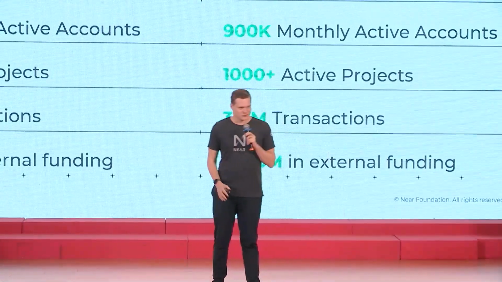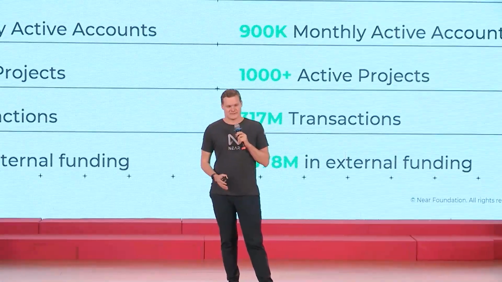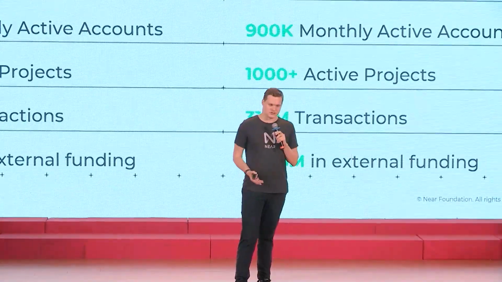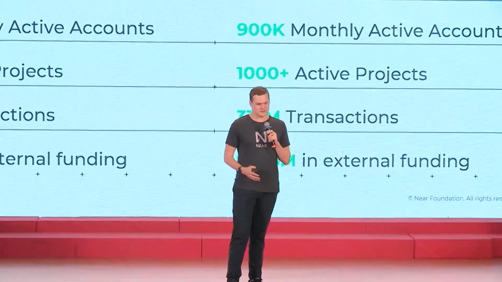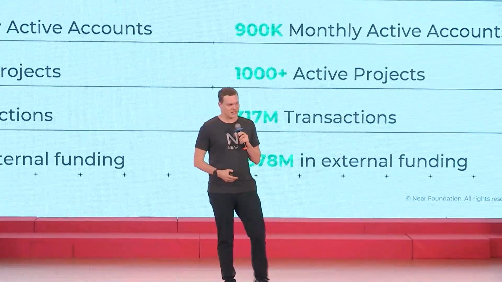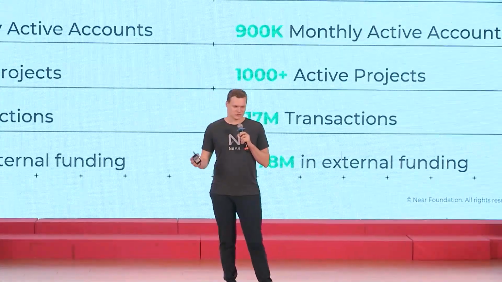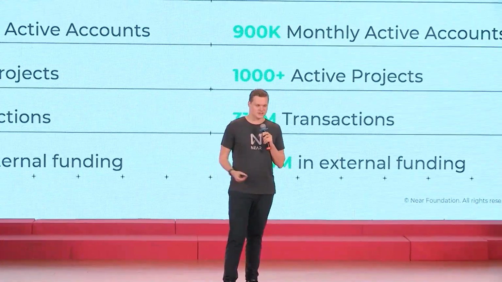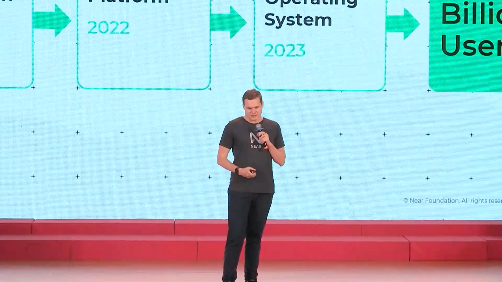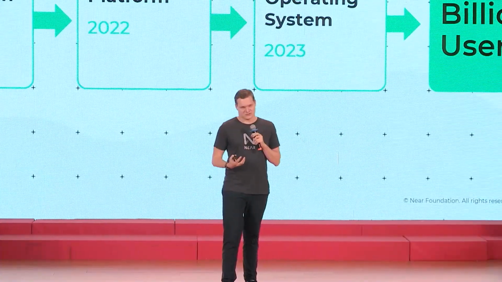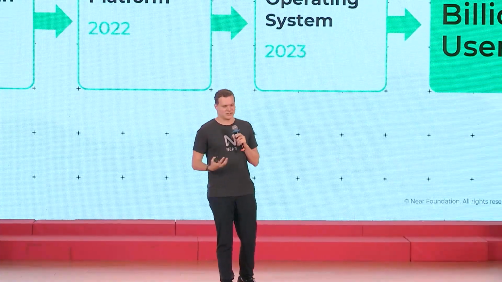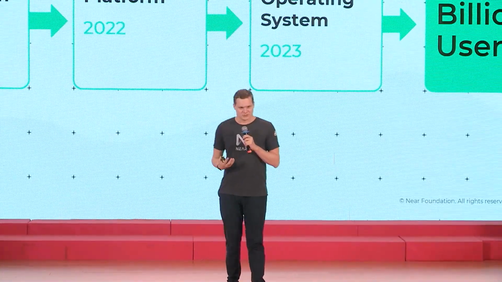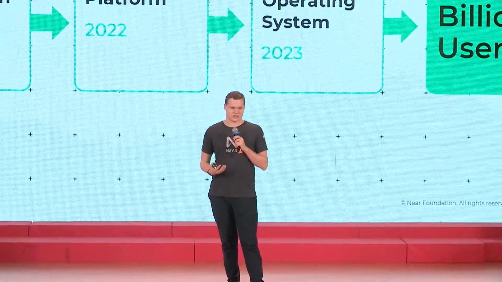So maybe for those who are not familiar with NIR, NIR started as layer 1. We've had a really amazing year, looking 1 year back. We had growth in accounts, usage, as well as projects and funding coming in. But generally speaking, we started with the idea that we want a simple, secure and scalable infrastructure.